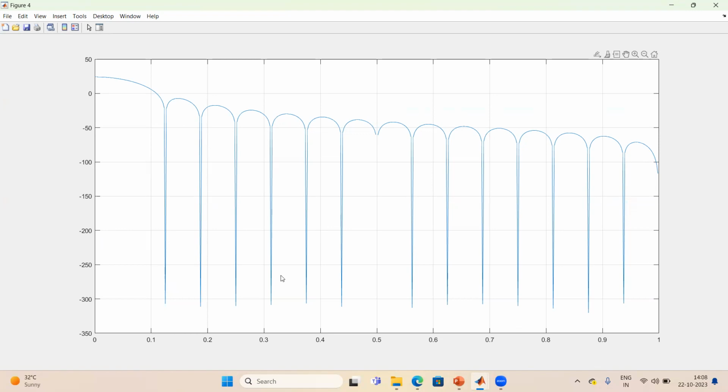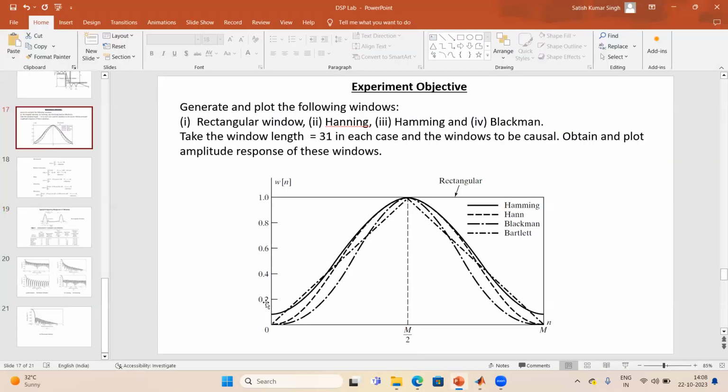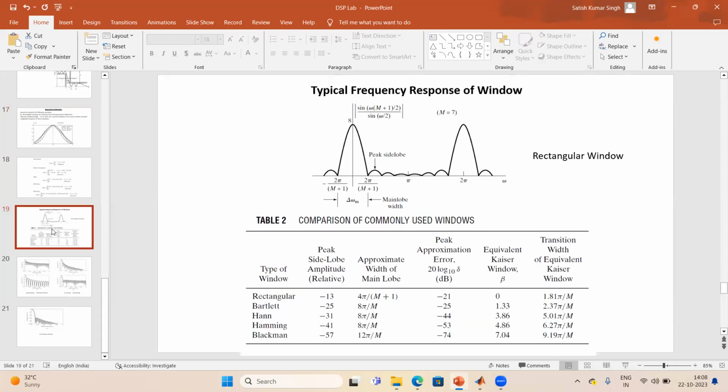Here you can observe one thing, the width for the Hanning window. If you see from this table, for the Hanning window, this width is given by 8 pi by capital M. So this point is going to become 4 pi divided by capital M. Because it is normalized with respect to pi, it will become 4 divided by capital M. If you divide 4 by capital M, where capital M equals 31, this value comes out to be 0.129.